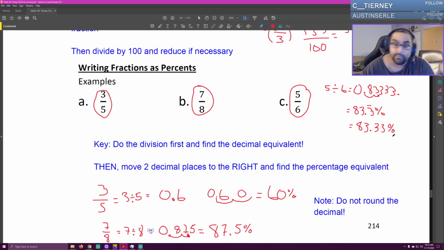It just depends on how many decimal places they would like you to express, or they just want you to put 83.3% with the little bar on top to note that 3 is repeating forever. So whatever you see there on the homework problems, please be sure to follow that blue text that you see there for the problems. You're probably already used to that at this point, but I just want you to be aware about that. Okay?